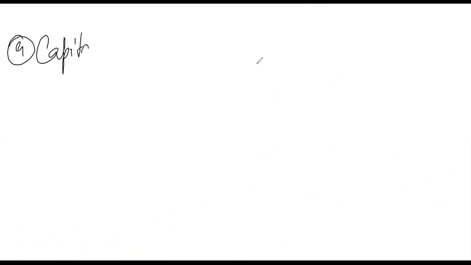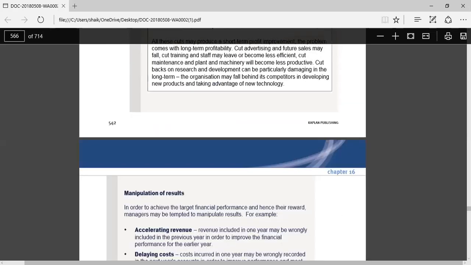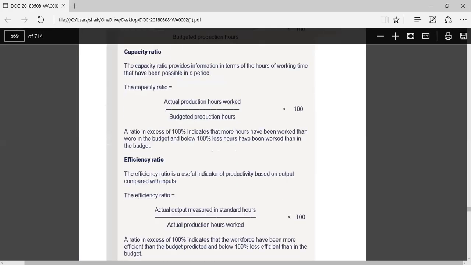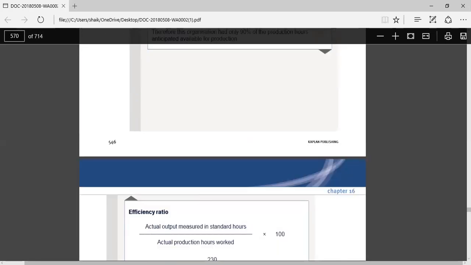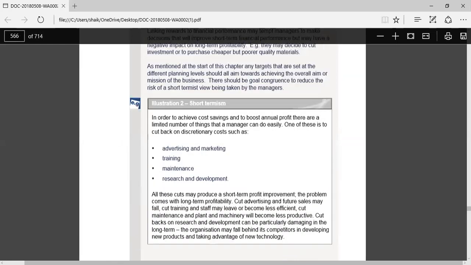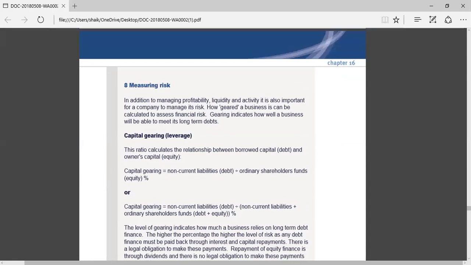Capital gearing ratio, which may be calculated using the formula: non-current liabilities divided by non-current liabilities plus ordinary shareholders' equity.